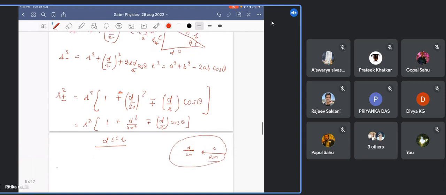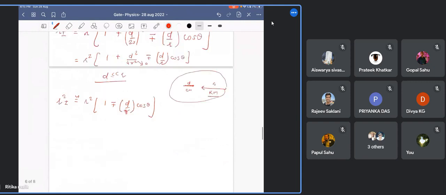So in that case, this term will turn out to be 0, and r plus minus square will become r square times 1 minus plus d by r cos theta, as an approximation.